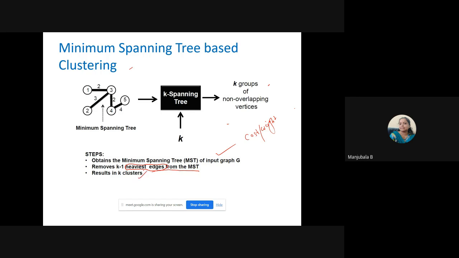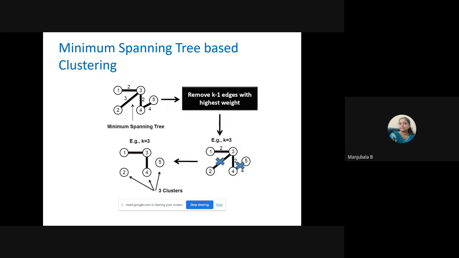Now we'll see, for this MS-tree, if you take some k value, which nodes are coming into which cluster. So assume this is the MS-tree we are getting from the given graph. Suppose the user specified k value is 3. So what we have to do? Remove k minus 1 heaviest edges, right? So 3 minus 1 means 2 heaviest edges we have to remove.